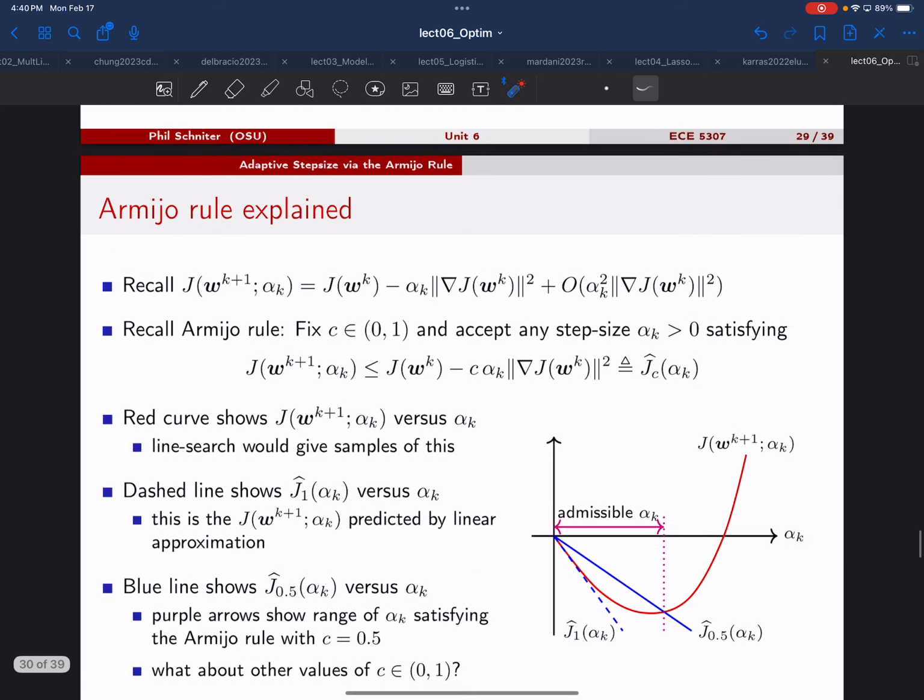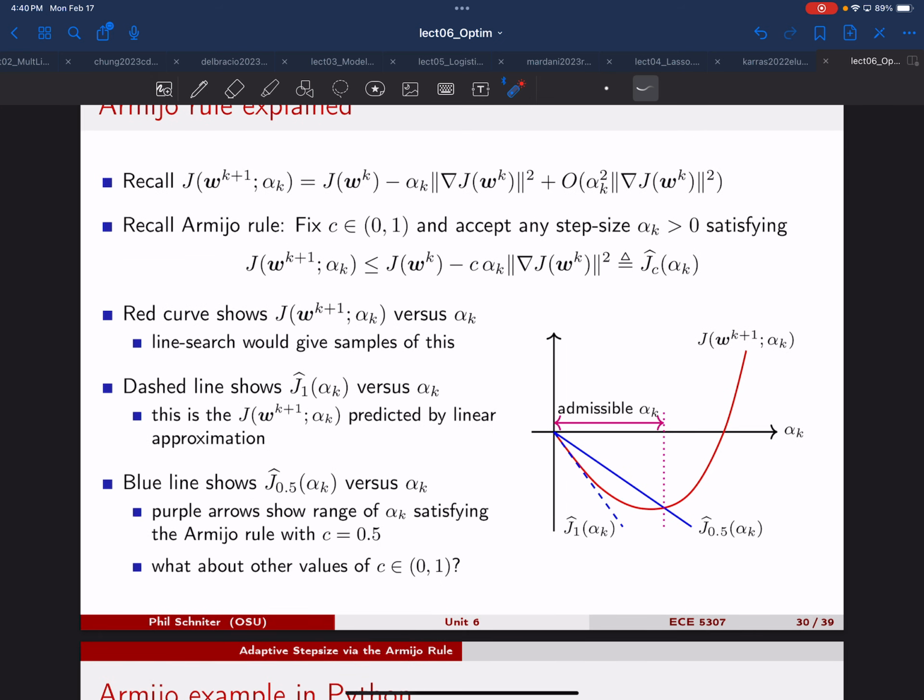So let me show you maybe this picture, and we'll come back to the previous page. So here is a picture of the cost at the next iteration for different choices of alpha k. And so you can see here, this would be alpha k 0. So as alpha k starts to increase, the cost at the next iteration comes down.